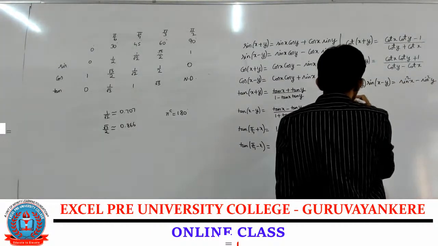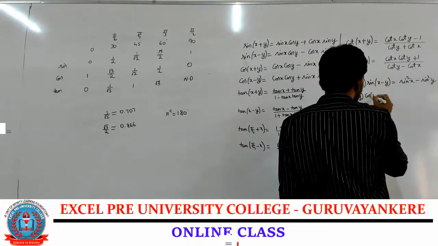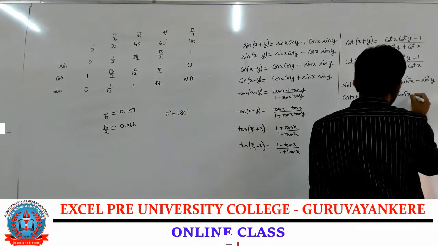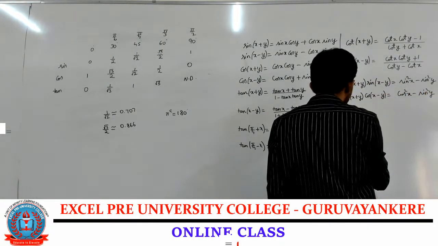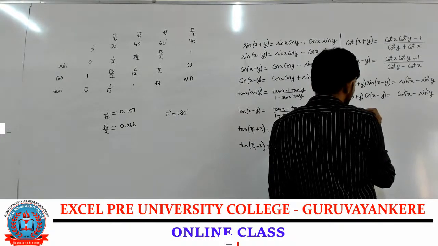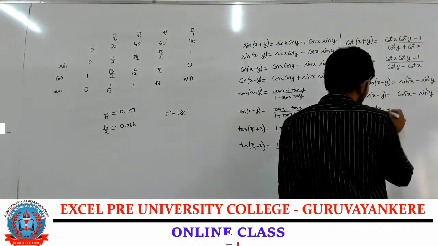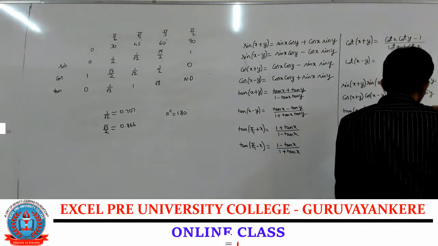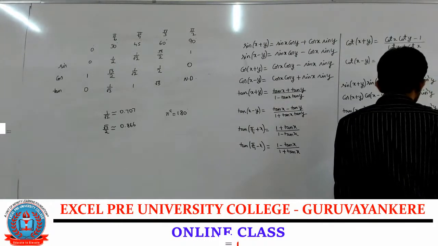Cos of x plus y into cos of x minus y is equal to cos square x minus sin square y. Tan of x plus y multiplied by tan of x minus y is equal to tan square x minus tan square y divided by 1 minus tan square x into tan square y.